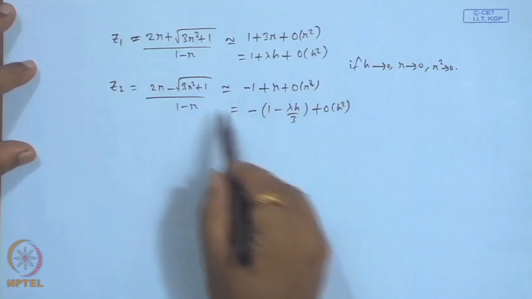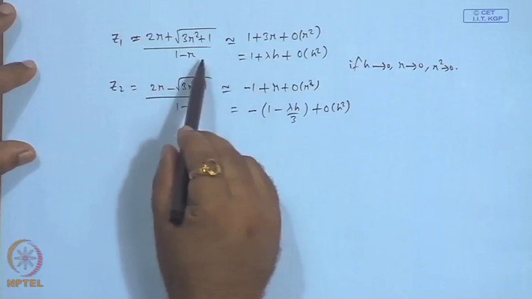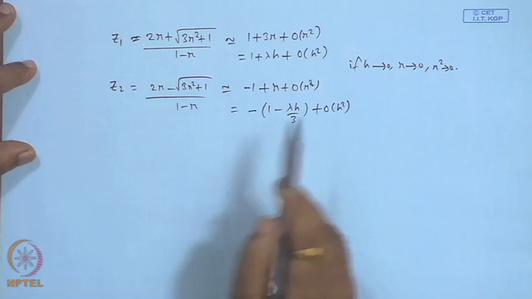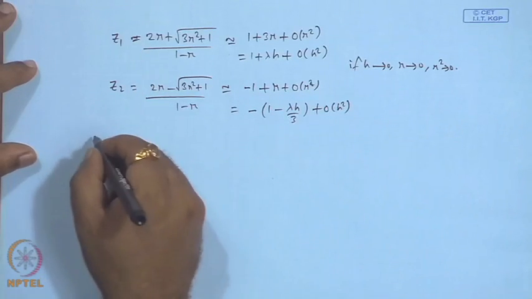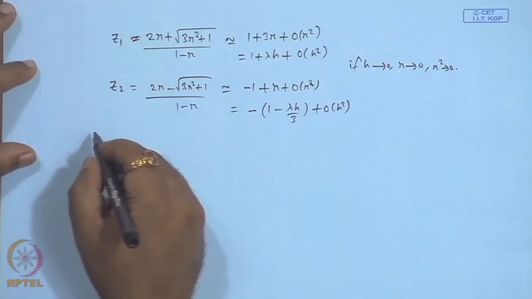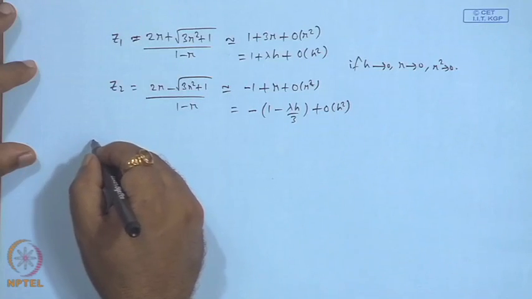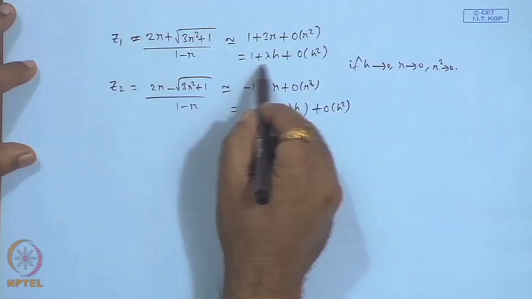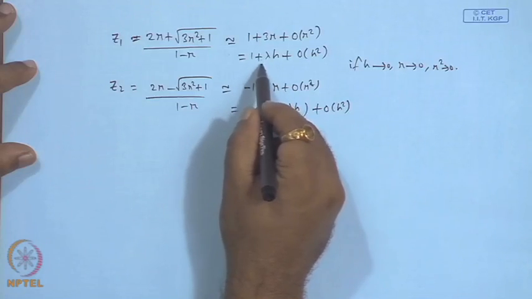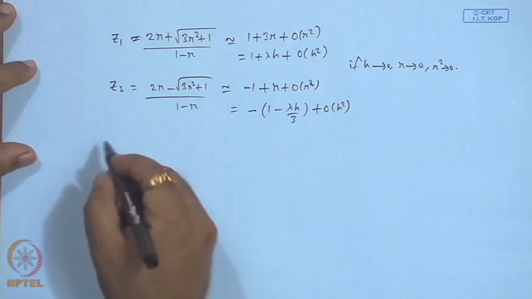So, with that we can linearize and try to get this. So, you can identify. So, we have done it in the last example. Okay.